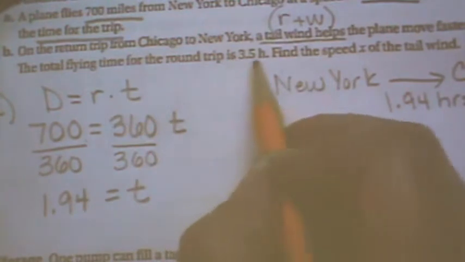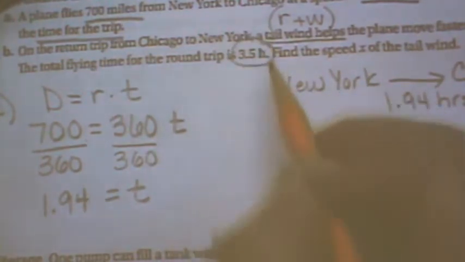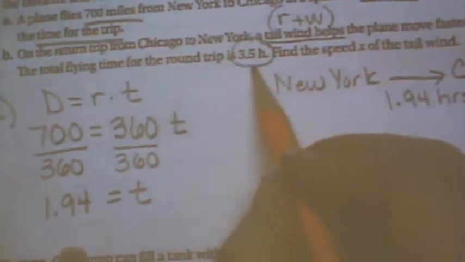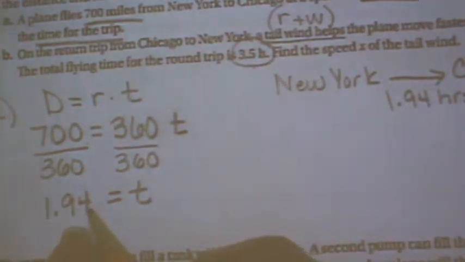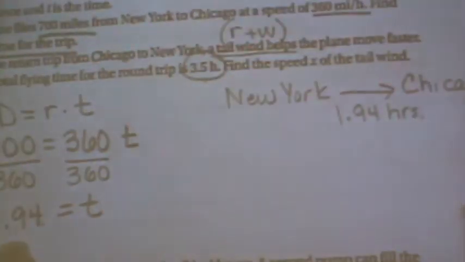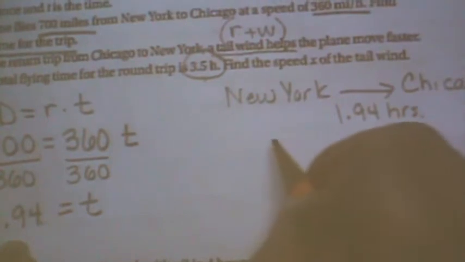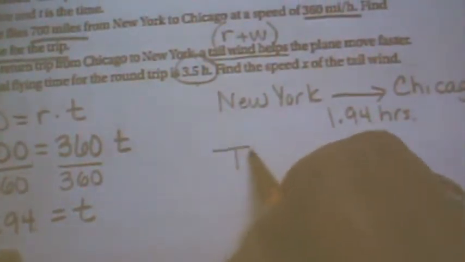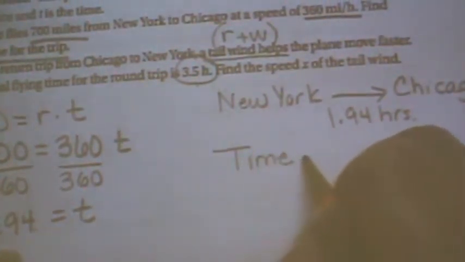It says the total flying time for the entire trip is 3.5 hours. But how much of that time did we just spend going from New York to Chicago? 1.94 hours. So what time is left to go from Chicago back to New York? How do you figure out the time?